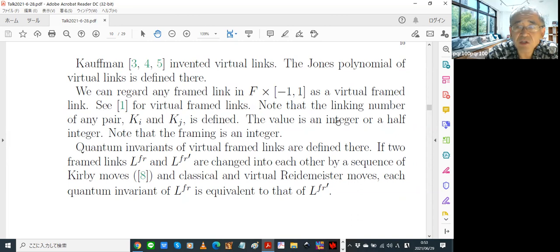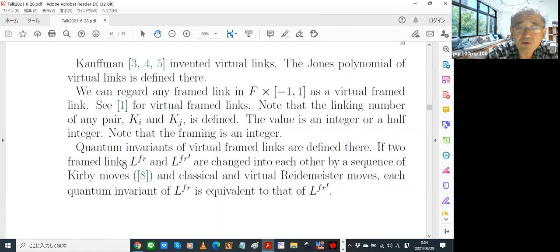The value is an integer or half integer. Note that the framing is an integer. Framing is always an integer, but the linking number is a half integer. Quantum invariants of framed virtual links are defined by Dye and Kauffman.